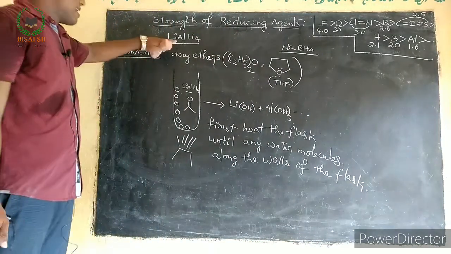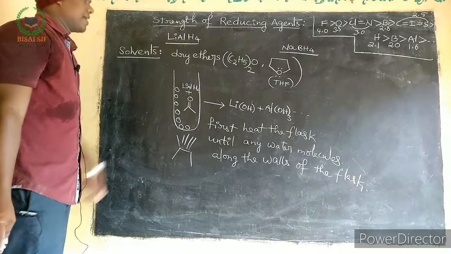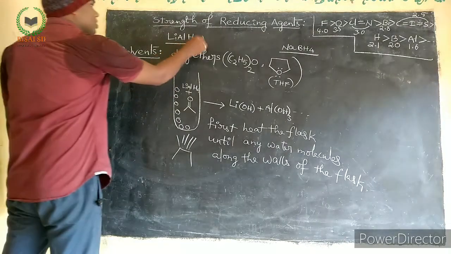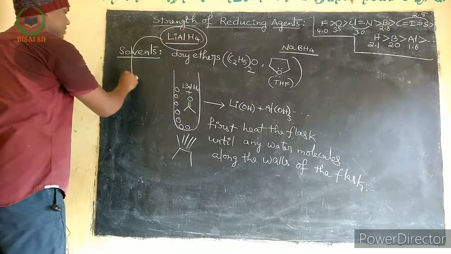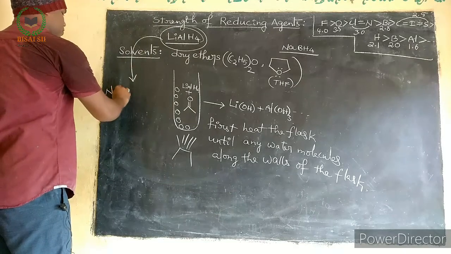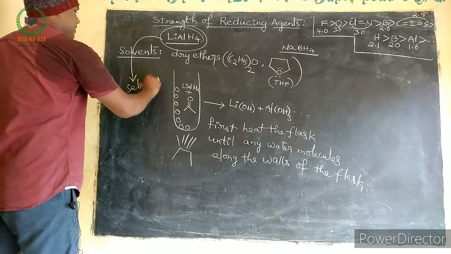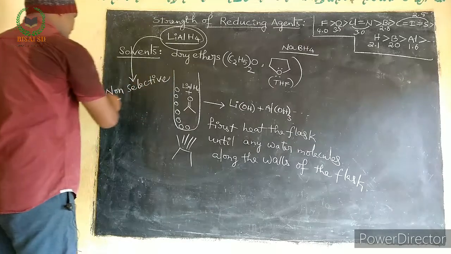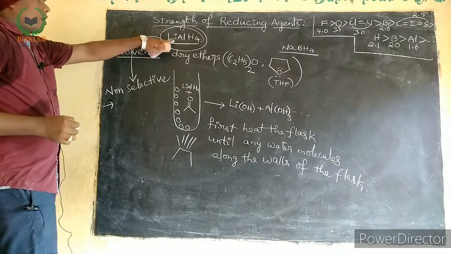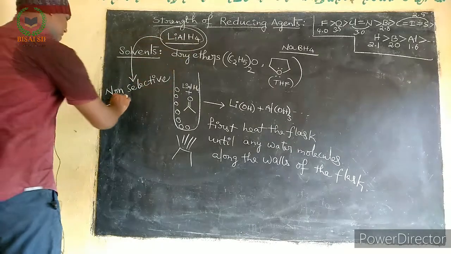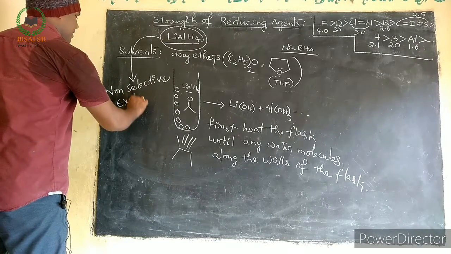So this is dry reduction. This aluminum hydride is a non-selective reducing agent, and a highly explosive reducing agent.